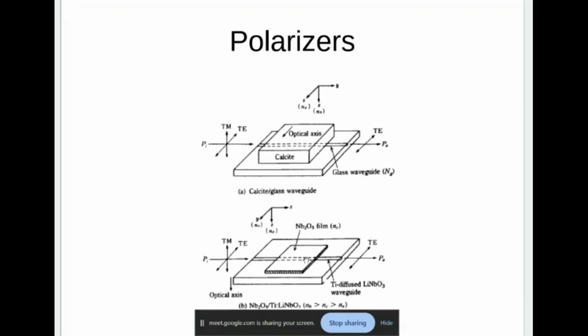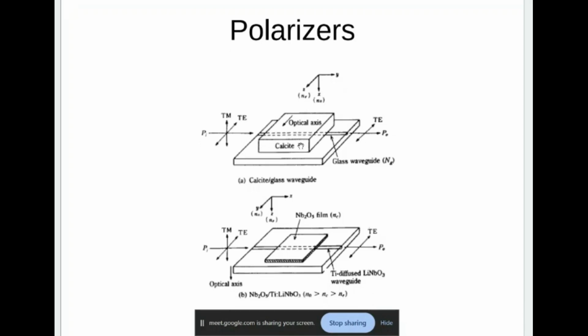It has a different ordinary index and a different extraordinary index. So the propagation is different in different directions. You can use that to make polarizers. Anisotropy is a very good way because you can put one more layer on top of that and the same circuit you can use. So you can also control the polarization. You apply some extra voltages or rotate the polarization state. All these things can be done on the chip.